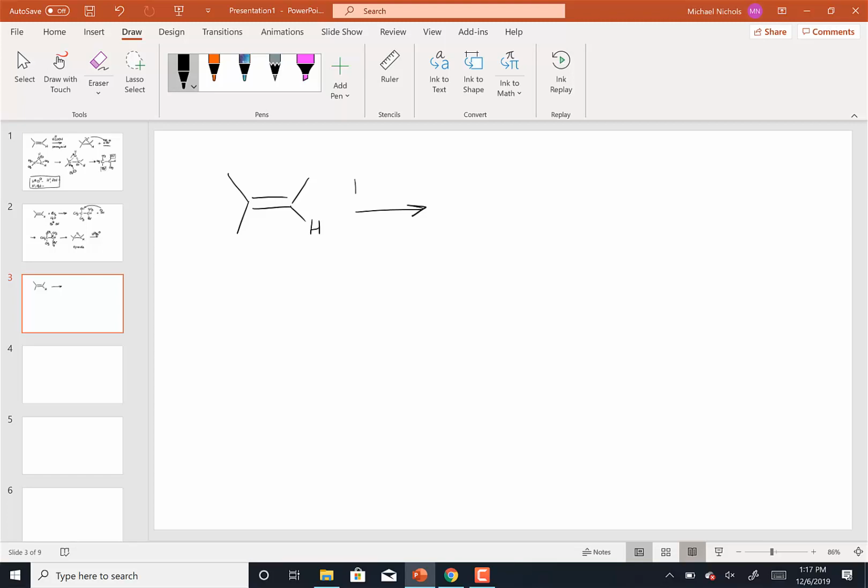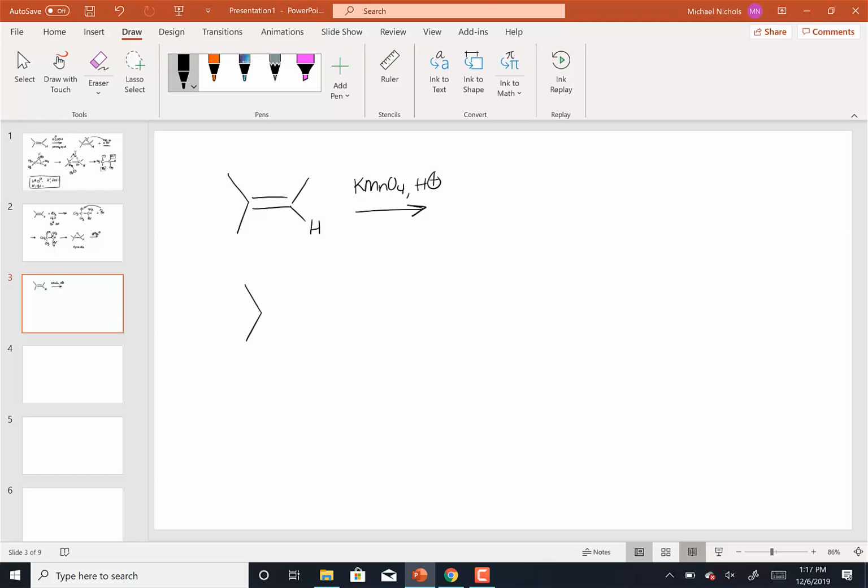The first reagent I could use would be KMnO4 and acid. Remember, KMnO4 and acid cleaves. KMnO4 and base is different. KMnO4 and base adds 2 OHs, 100% cis, but KMnO4 and acid cleaves.